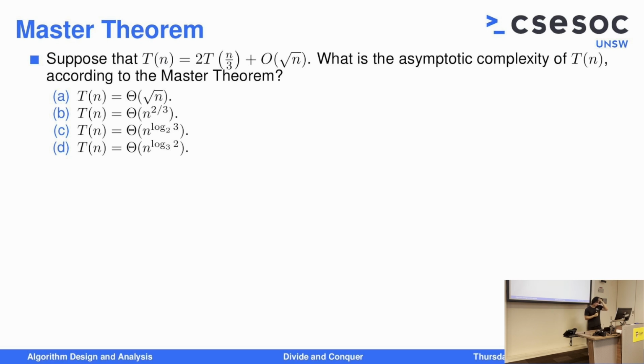Let's apply this. So I guess this is a possible multiple choice question that you might get. Suppose that T(n) is equal to 2 T(n/3) plus O of root n. What is the asymptotic complexity of T(n) according to the Master theorem? Anyone have an answer?